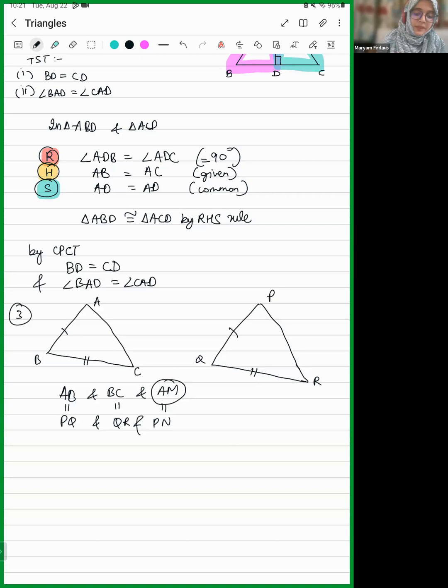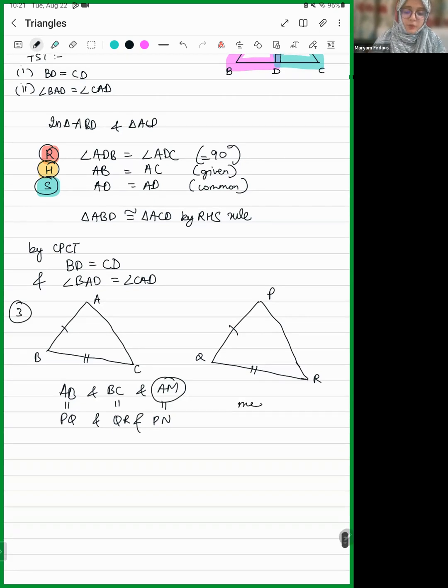No problem. So median means the line segment which bisects one side of the triangle into two equal parts. Basically, bisect means it will divide it into two equal parts, right? So for those of you who have a doubt what median is, please write it down.